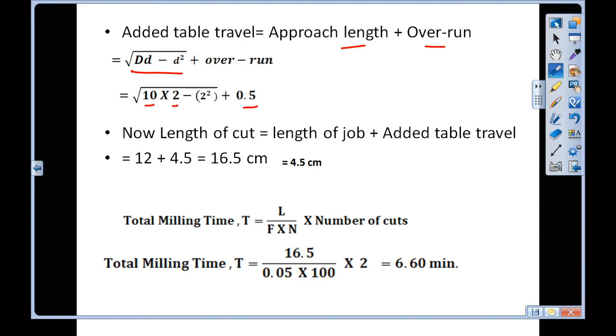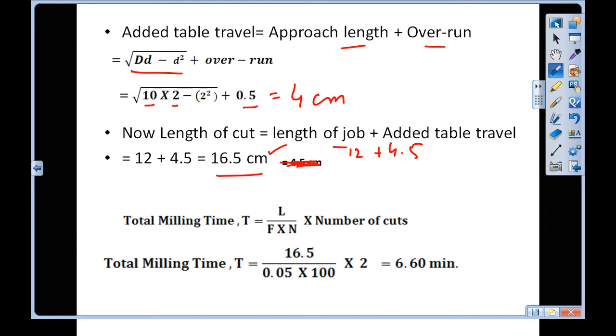Calculate it, and this we calculate as 4.5 centimeters. So now we add this added table travel to the length of the job. This is given 12 plus 4.5, that is 16.5 centimeter.